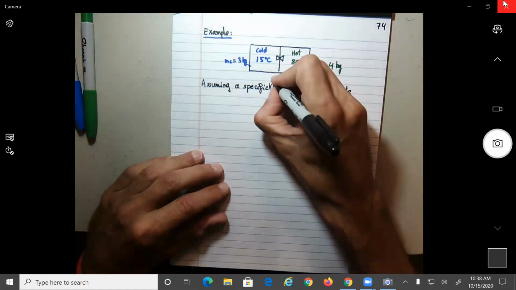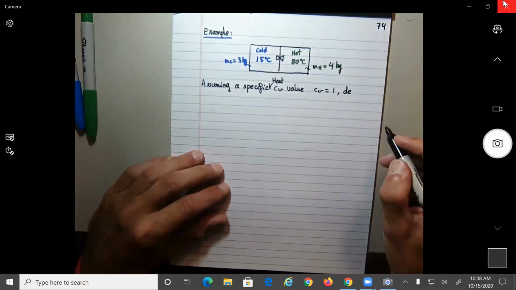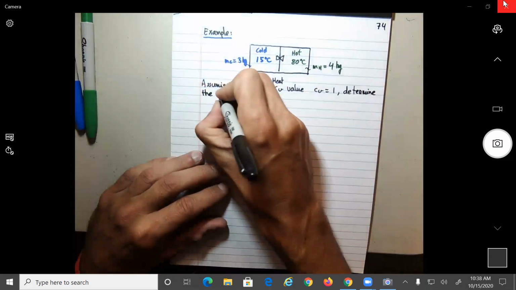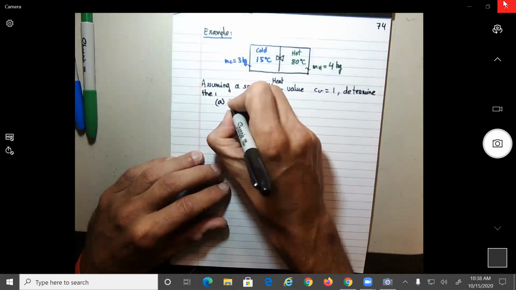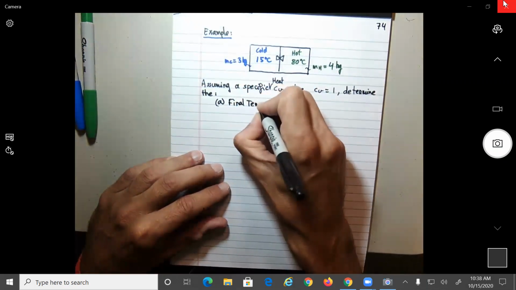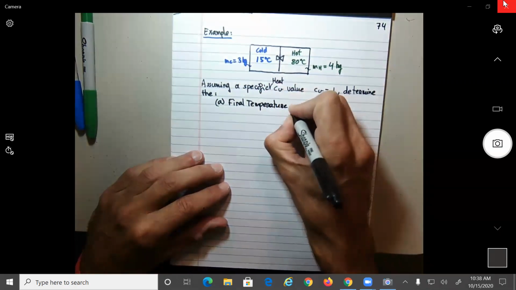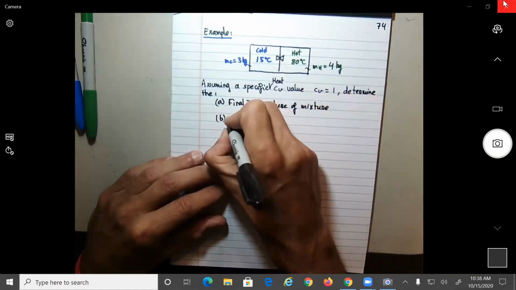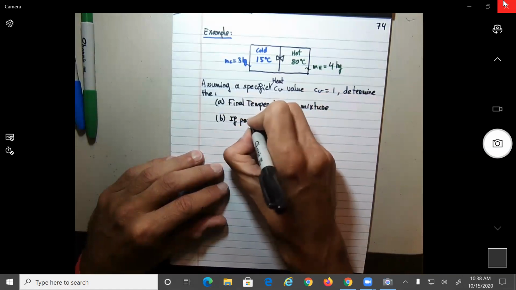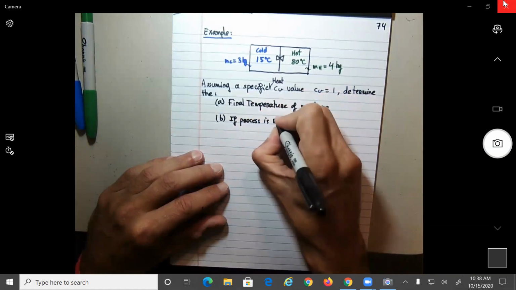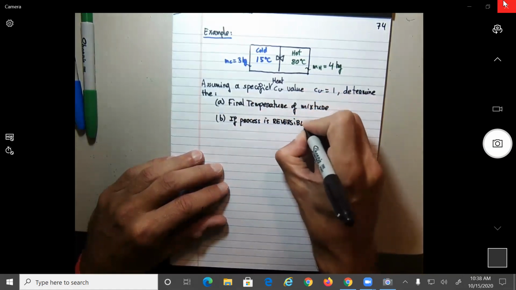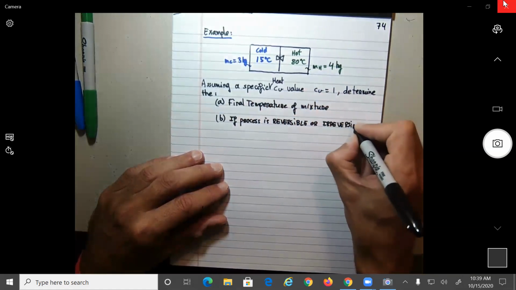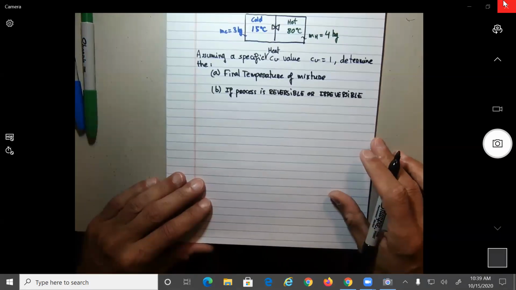Assuming a specific heat Cv equal to 1, determine A, the final temperature of the mixture, and B, if the mixing process is reversible or irreversible. This is good that I do that before the equation. I'll introduce you. Hopefully we can finish it.